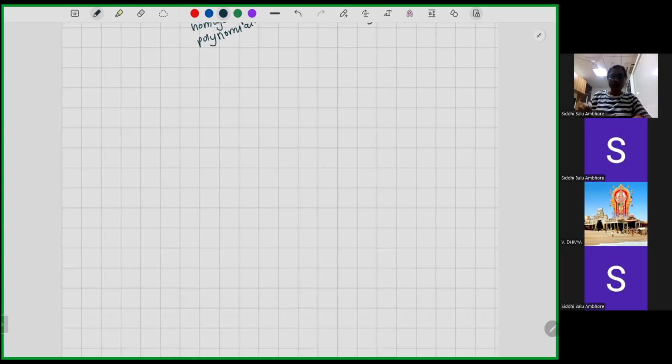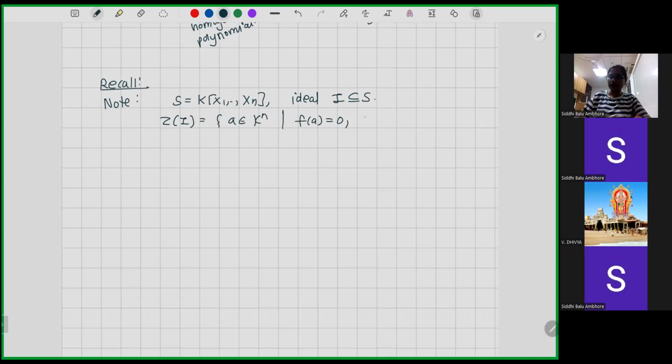So this is a note, or recall, that if S is k[x1, ..., xn], then for an ideal I inside S, this Z of I, the zeros of I, is the set of A such that f(A) is equal to 0, where f is any polynomial in my ideal I.